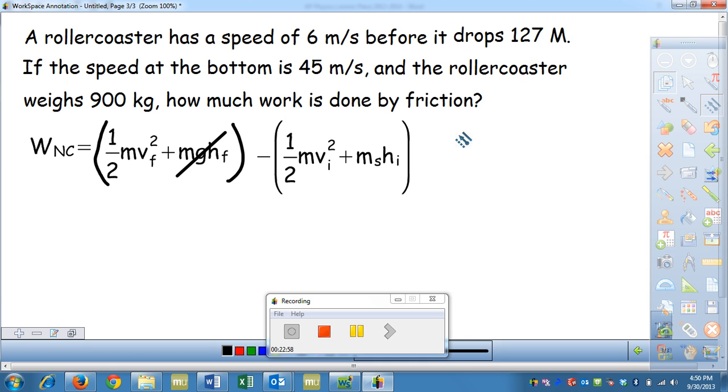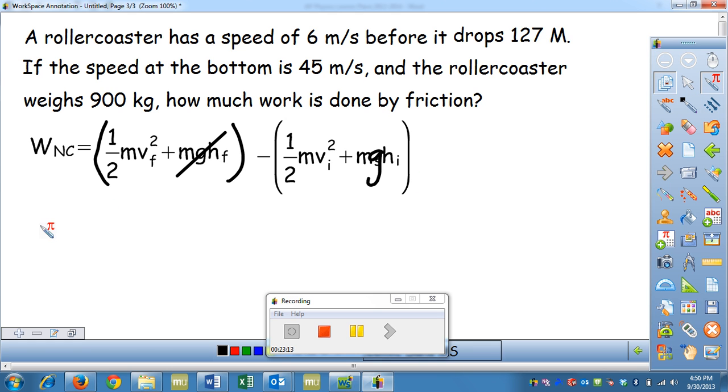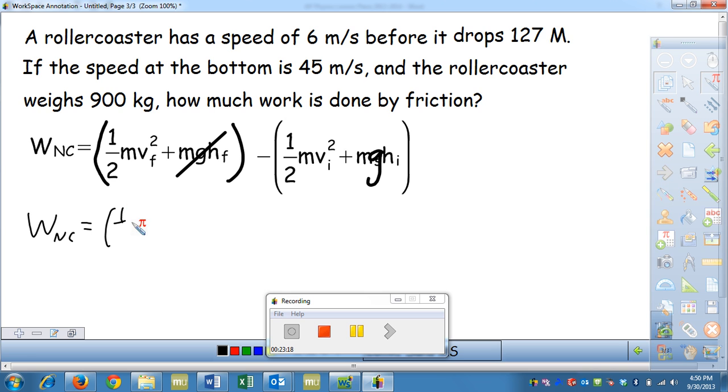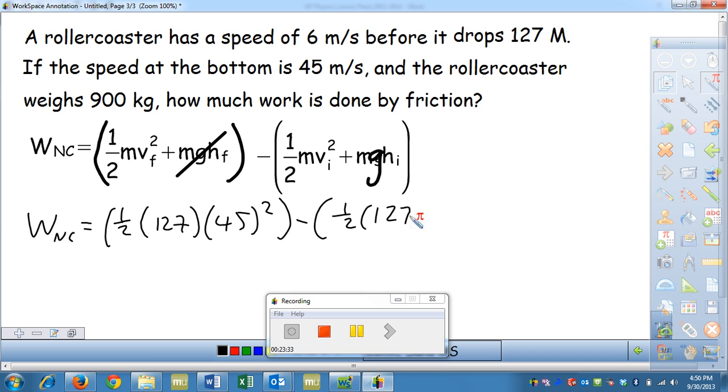Our g is kind of missing in there. Let me see if I can plug in the numbers here.